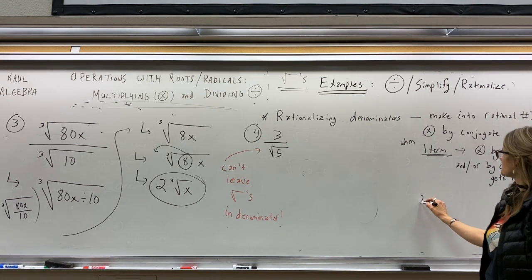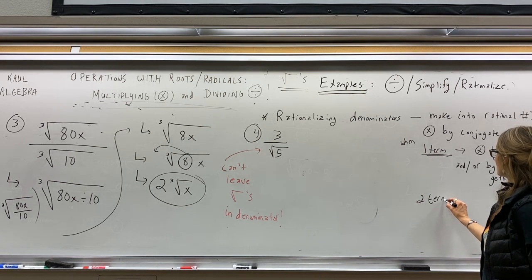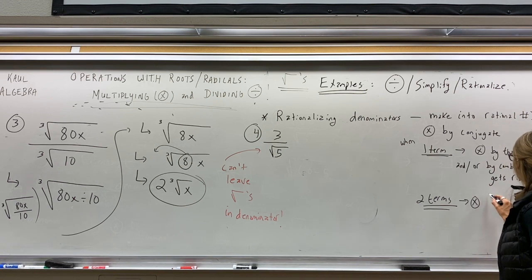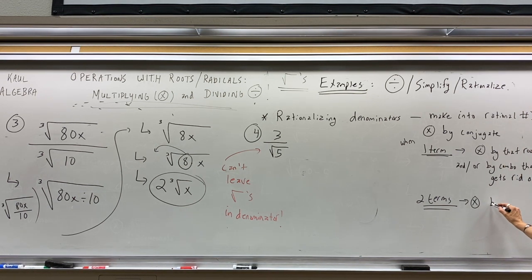Okay, when you have two terms, you multiply by the same two terms with an opposite sign between them.